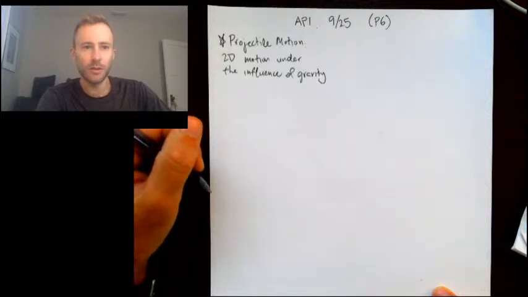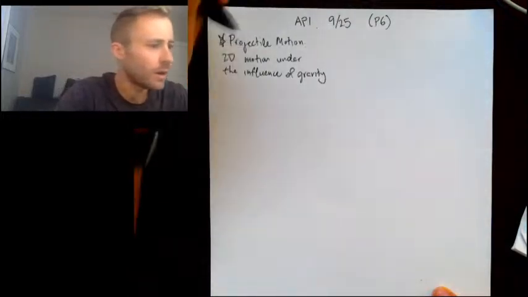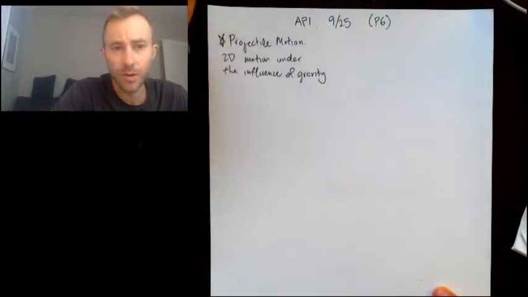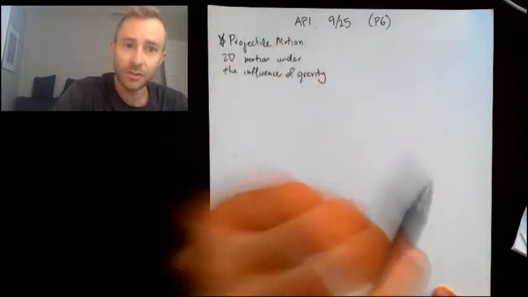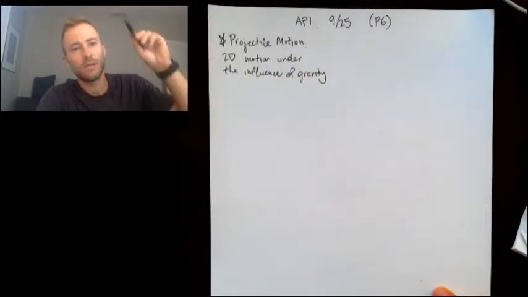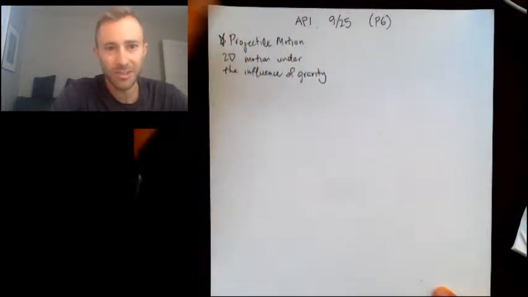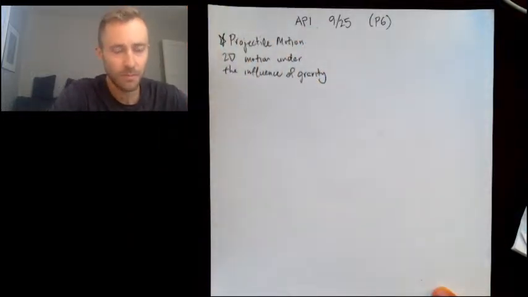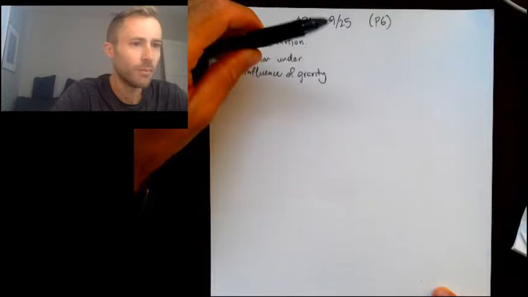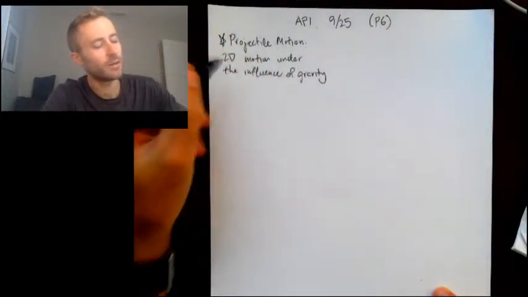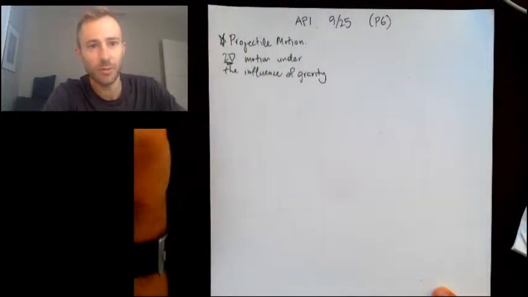So technically speaking, what we did in the last lesson with kinematics problems where things were accelerating due to gravity, that was technically projectile motion. But today we're going to really focus on the two-dimensional aspect of it.